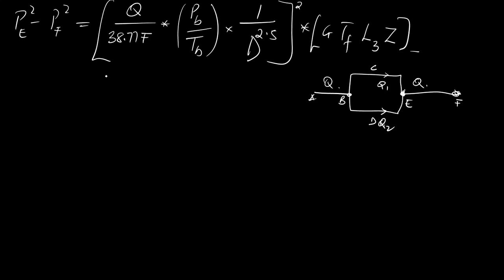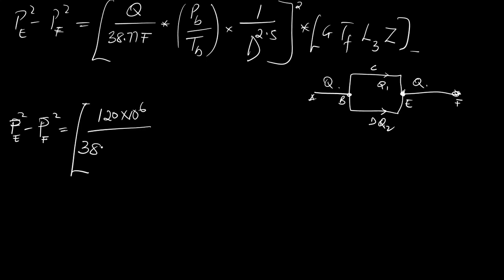So the value of Q here is same value here. So now that is it. Now we are looking for F here now. Now P at E square minus P at F square is equal to 120 times 10 raised to power 6 divided by 38.77 divided by 19.65 because the transmission factor is the same at this point.